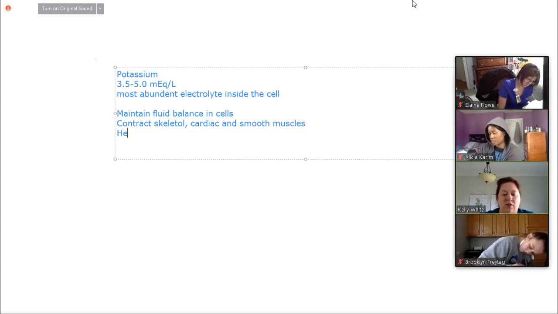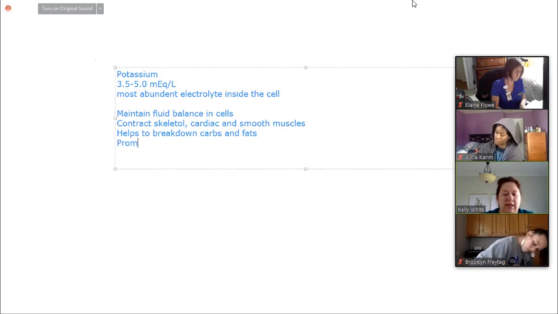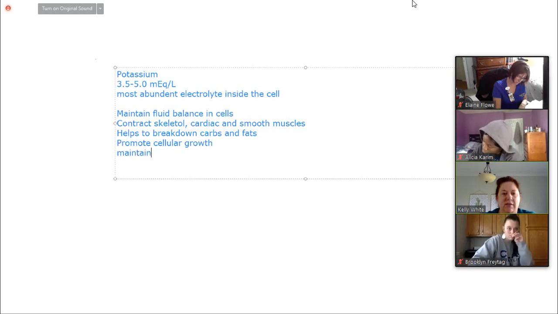It also helps to break down carbs and fats. It helps to promote cellular growth. And it helps to maintain acid-base balance.